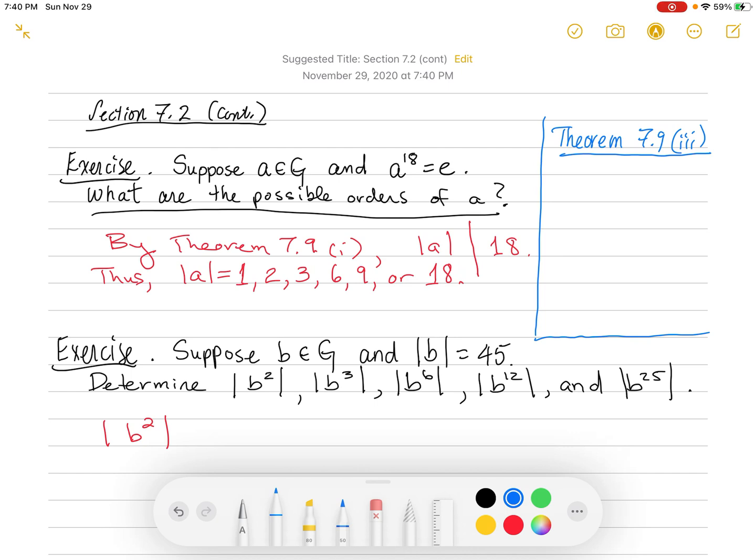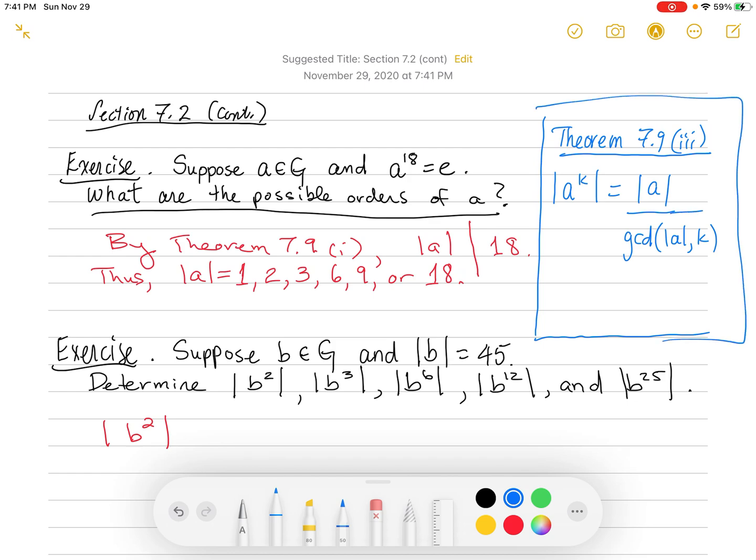So what does it say? It says the following. The order of a to the k is equal to the order of a divided by the greatest common divisor of the order of a and k.